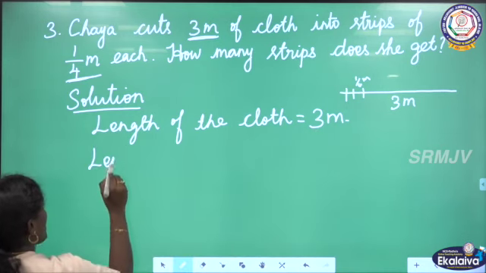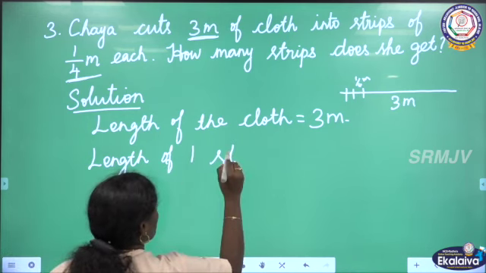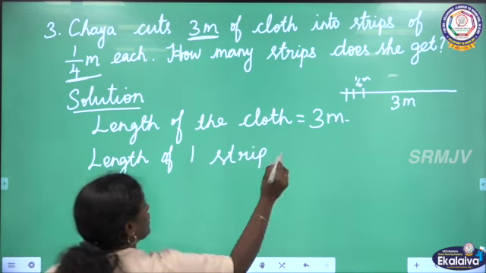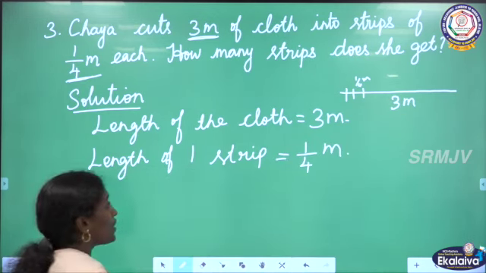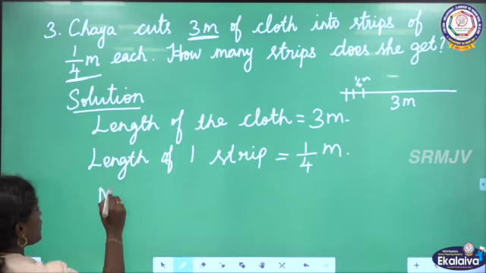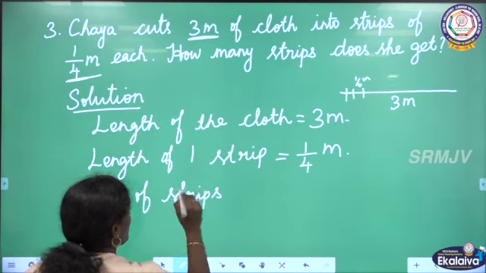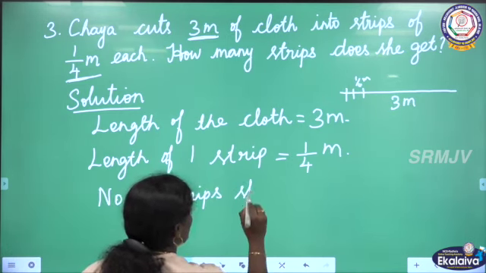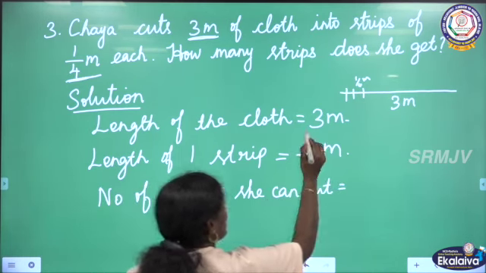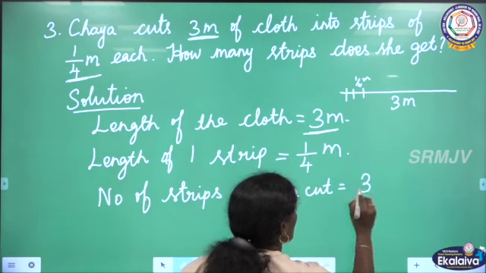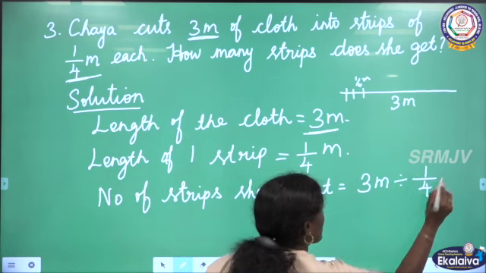Length of one stripe is equal to 1 by 4 meter. Okay, now we are going to find the number of strips. Number of strips she can cut is equal to the length of whole cloth 3 meter divided by 1 by 4 meter.